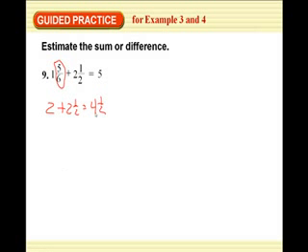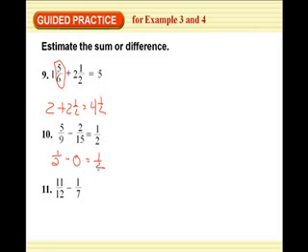Remember, with estimating, sometimes it's hard to grade because we can have different answers. 5/9 is a half. We've already had that one. 2/15, 2 out of 15 pieces is almost nothing, so we're just going to say a half. 11/12 is 1 all by itself, minus almost 0, 1 out of 7, so I say 1.